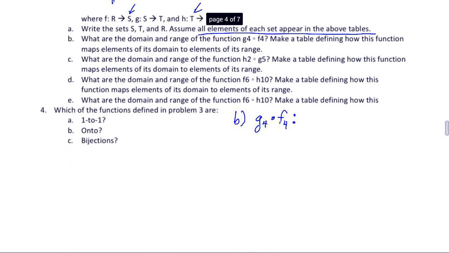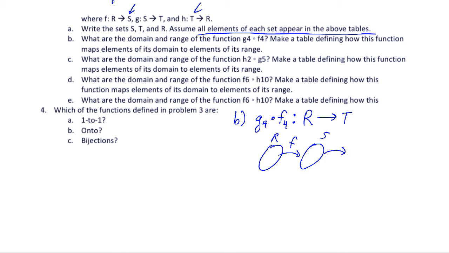The domain of f is R, and the range of g is T. So f maps R to S, and then g maps S to T. We can write R to S, here's f, and here's g, mapping S to T. And here's the composition. This happens to be f4 and g4, and we're supposed to make a table for this one.